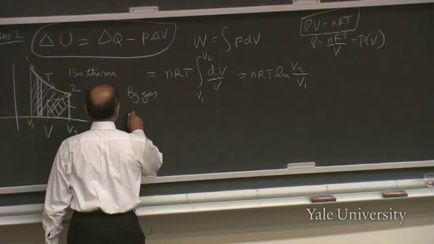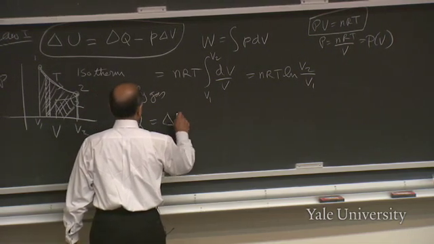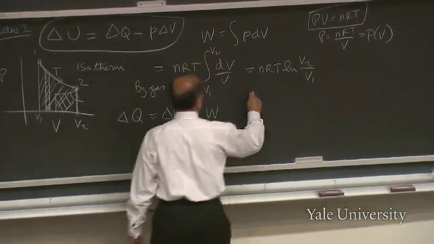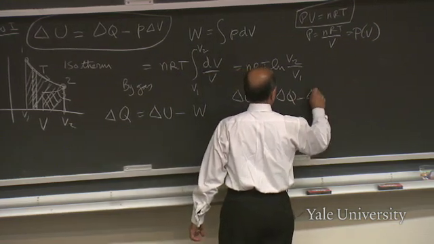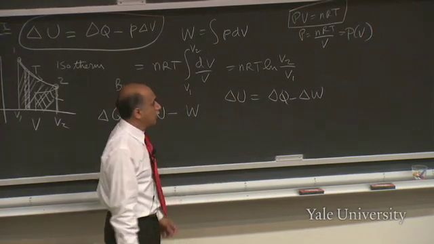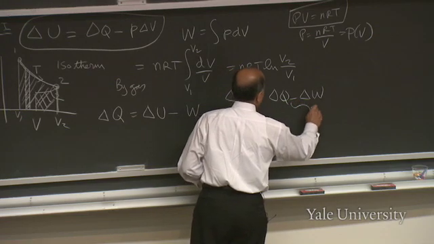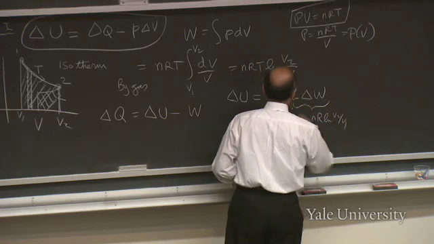What is the heat input? The heat input is the change in internal energy minus the work done. Let me see. The law was delta U is equal to delta Q minus delta W. Yeah, let's go back to this law. In this problem, delta W is what I just calculated, nRT, whatever, log V2 over V1.